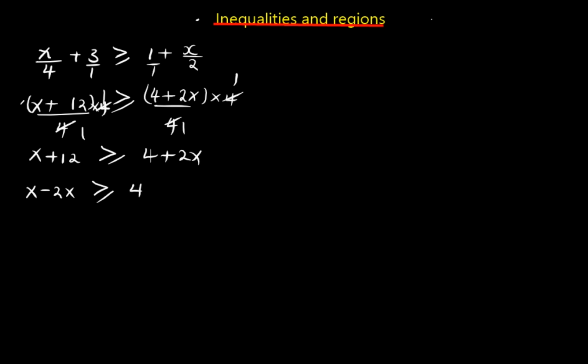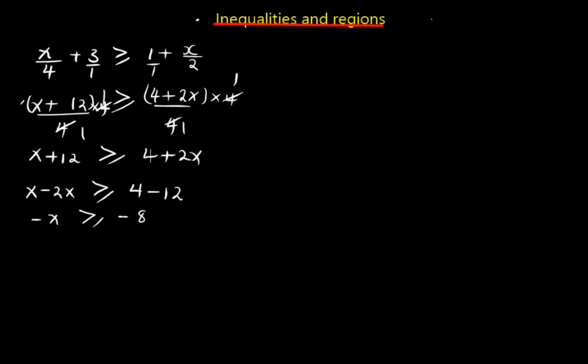Therefore, that is 4. Since it is a positive, when it crosses the inequality symbol, it is going to become a what? A negative. So what is x minus 2x? That is negative x. And everything is greater than or equal to, what is 4 minus 12? We get negative what? 8. So we are going to divide both sides by negative 1.